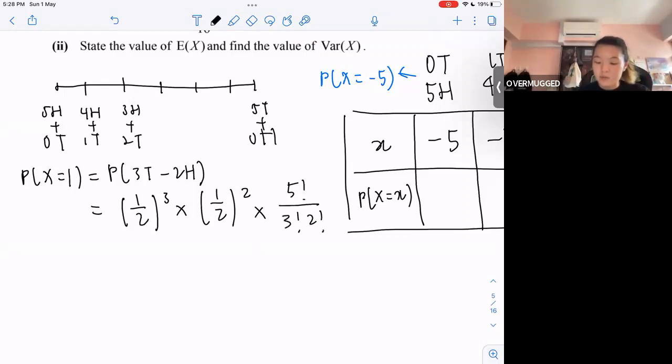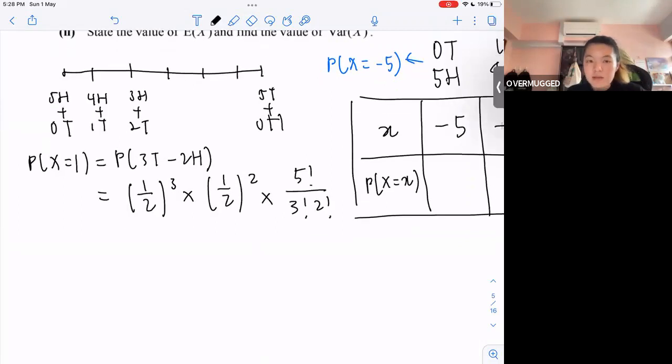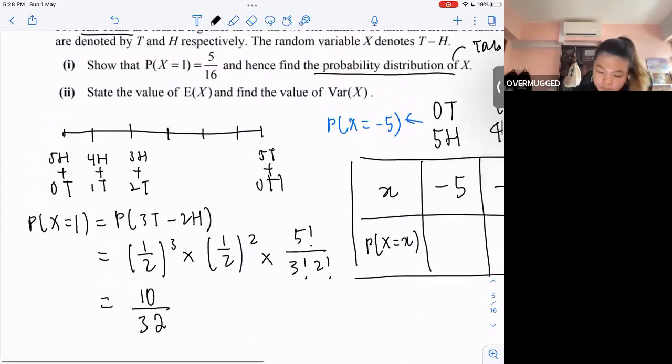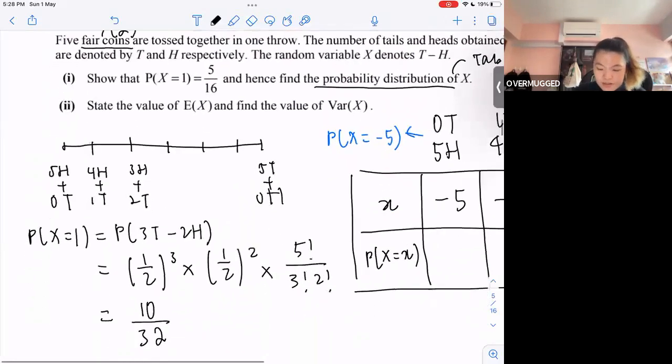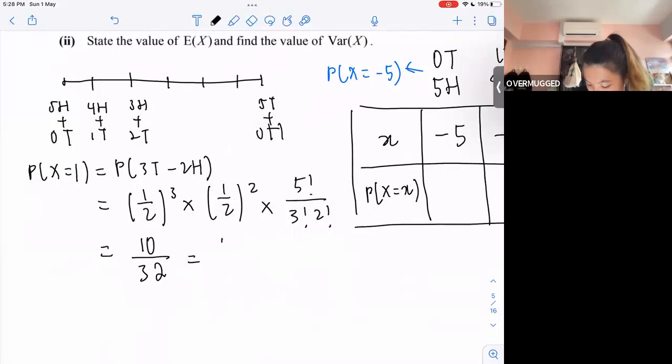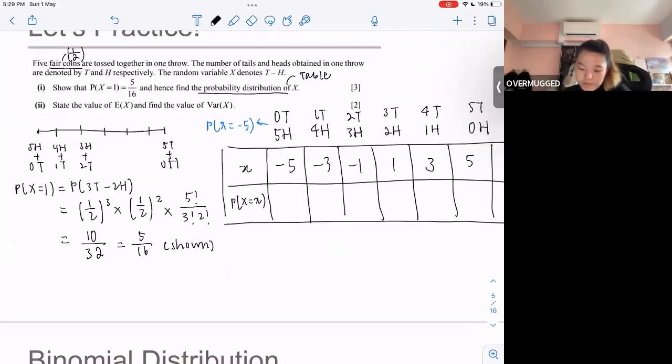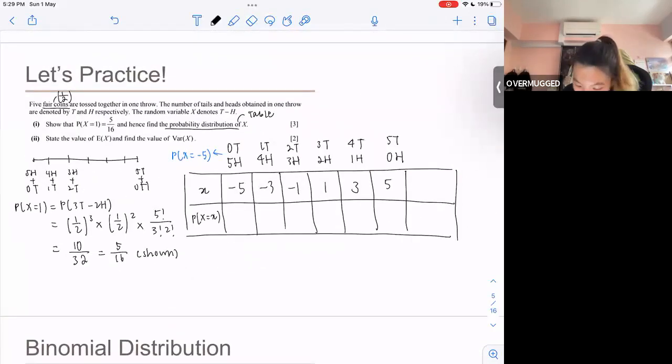So you can calculate this and you should get 10 out of 32, which if you simplify will give you your 5 out of 16. And then you can say shown over here. So over here, I will write 5 out of 16.